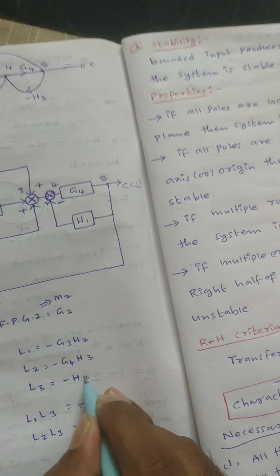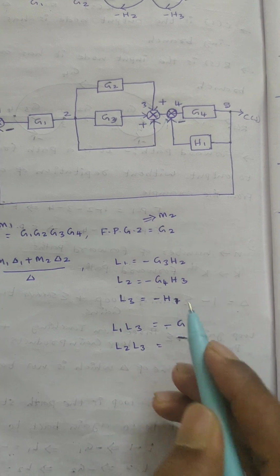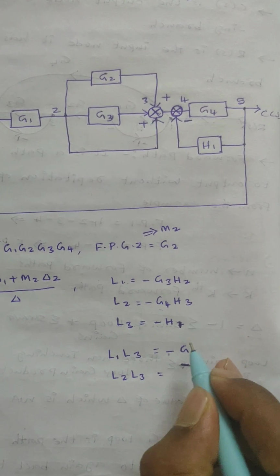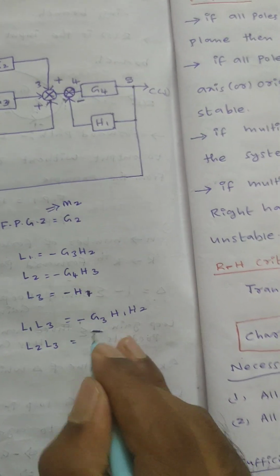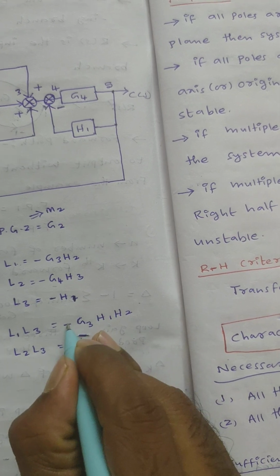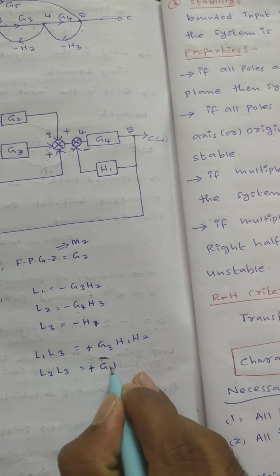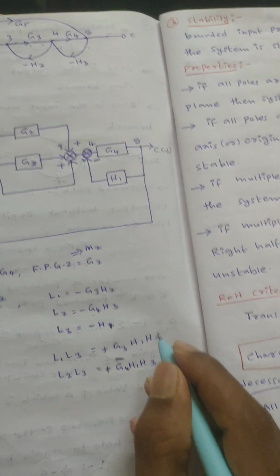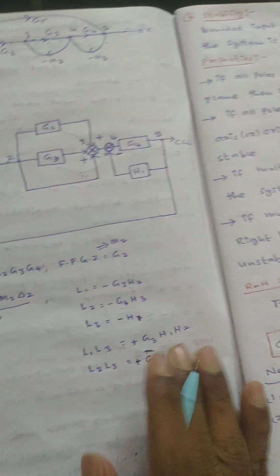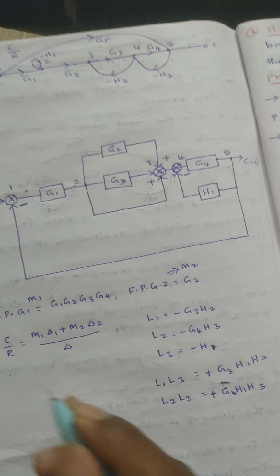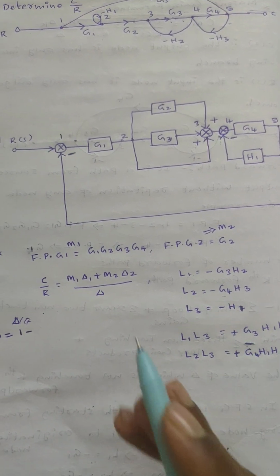That means the L1, L3 value will be, see here, this is H1. Just observe here, H1. L1, L3 value is minus G3 H1 H2. L2, L3 value will be minus of minus, plus, here also plus G4 H1 H3. Then the value of delta is equal to 1 minus L1 plus L2 plus L3, right?